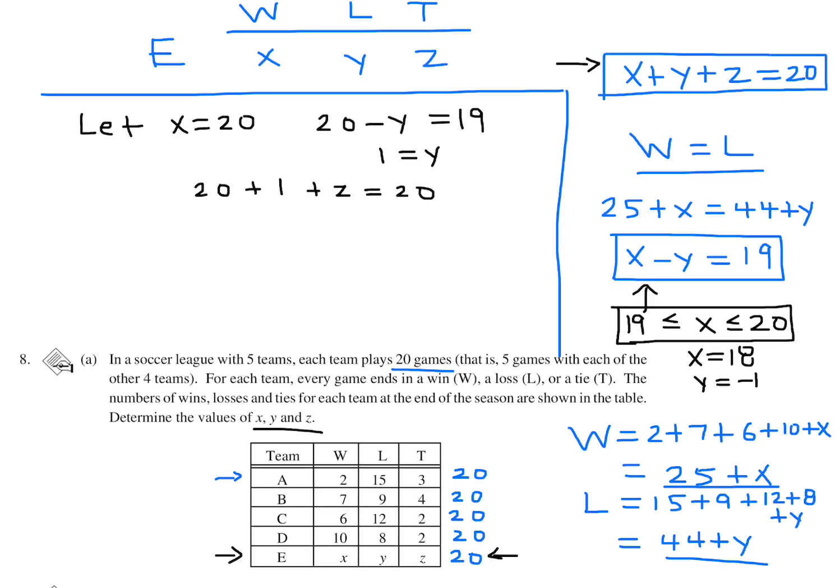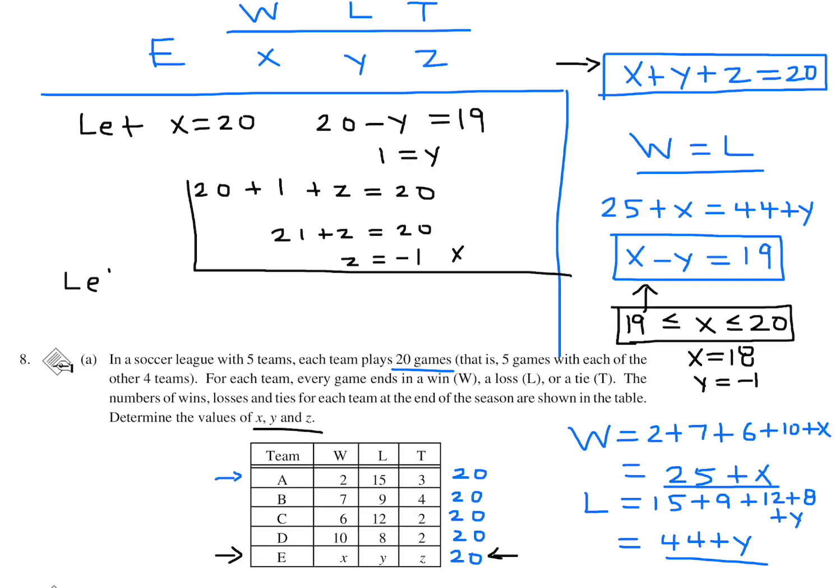And therefore, 21 plus z is equal to 20. So z is equal to negative 1. And z represents the number of ties. You can't have negative 1 ties, right? So that's no good. So x is not 20. So no problem. We can keep moving forward here.